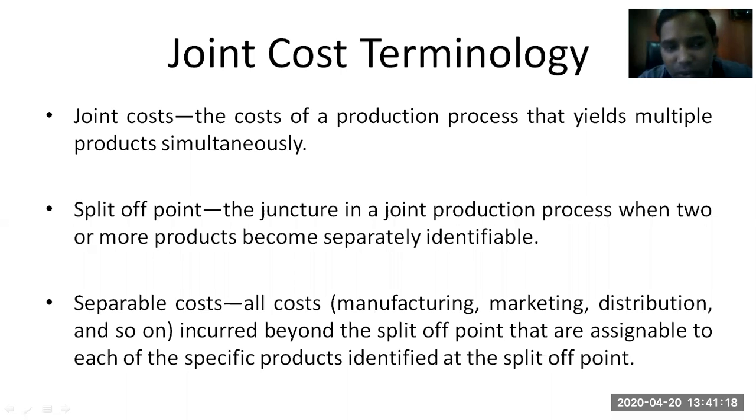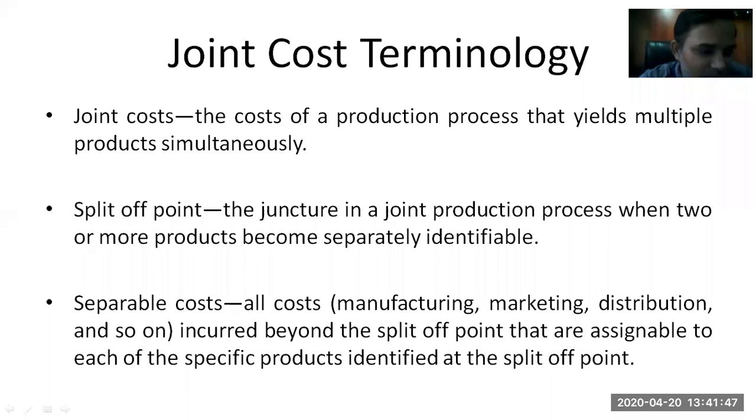Whatever cost is incurred on extracting the crude oil, then transporting it from the extraction point to the refineries through pipelines, is also a cost incurred. When it enters the refinery, it is refined up to a certain stage from where you will be able to identify petrol and diesel.